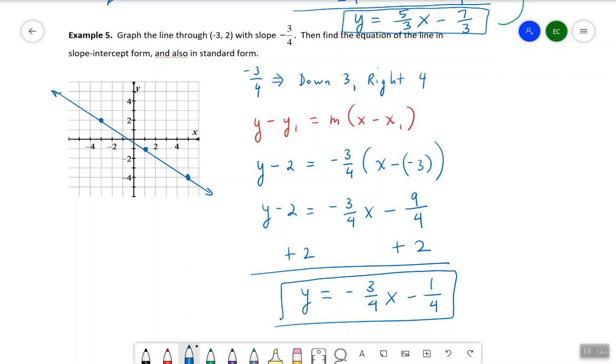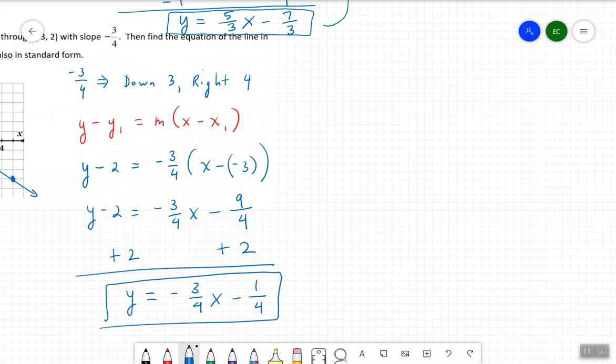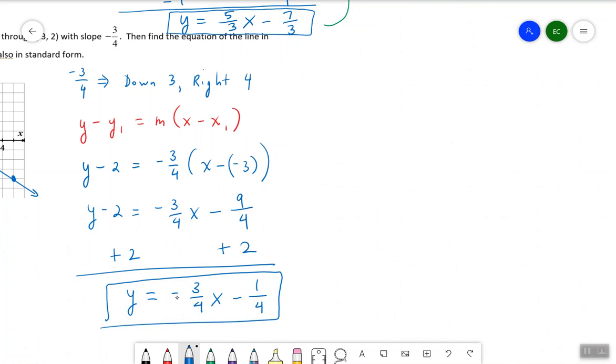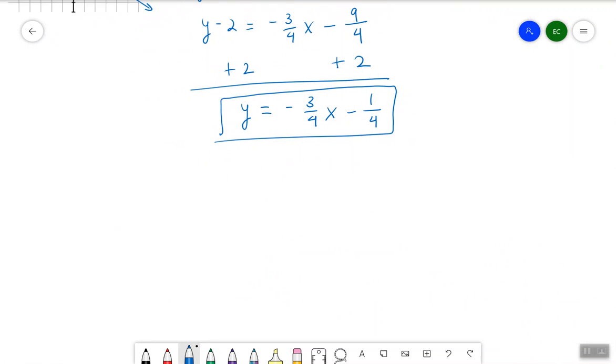Okay, so there's the slope-intercept form. Now to put it into standard form, notice this time the coefficient on x is negative, and we need it to be positive. So let's just go ahead and add it over to both sides. So it'll cancel here on the right, and it will add over onto the left, and we'll have positive 3/4 times x plus y is equal to negative 1/4.